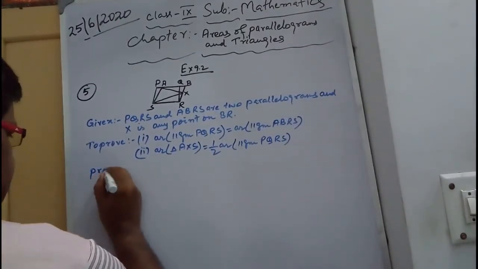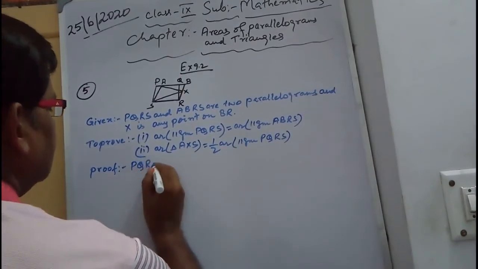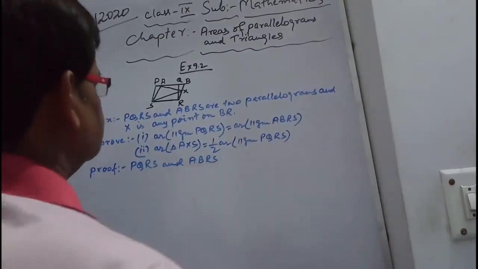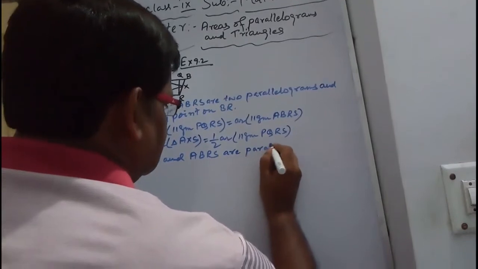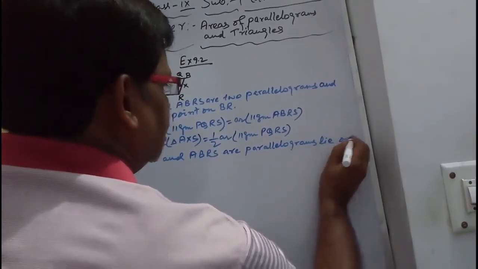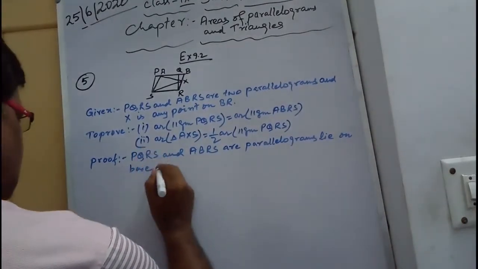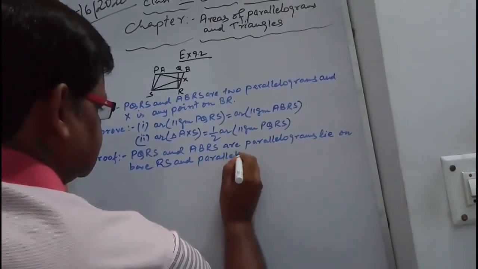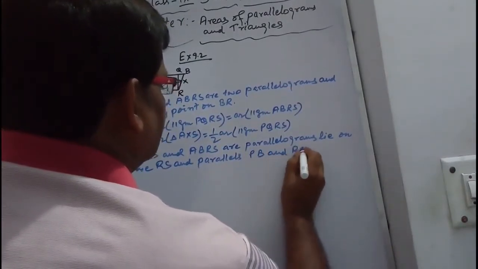Now prove, PQRS and ABRS, these two parallelograms lie on base RS and parallels PB and RS.